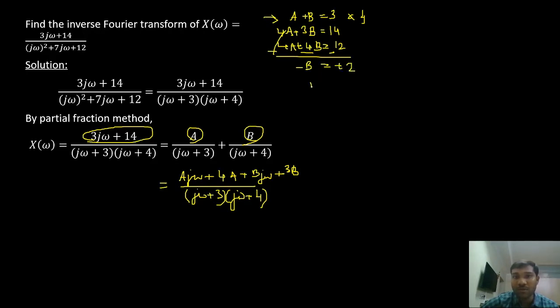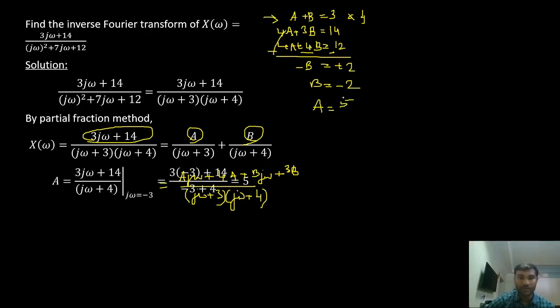So b is equal to minus 2, and then if I substitute minus 2 here, a is equal to 3 plus 2, that is 5. Right? a is equal to 5.